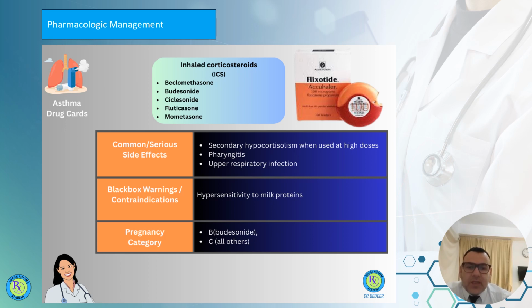And secondary hypocortisolism due to high doses, as we mentioned, adrenal insufficiency, pharyngitis, and upper respiratory tract infection. Pregnancy category, budesonide is the safest because it is classified as B, while C can be classified for other steroids.